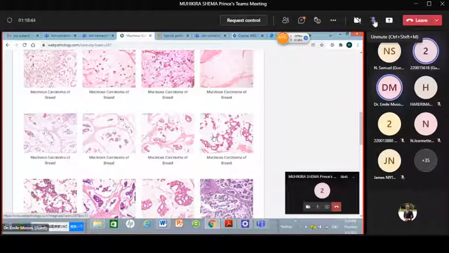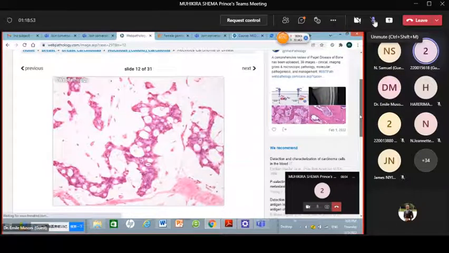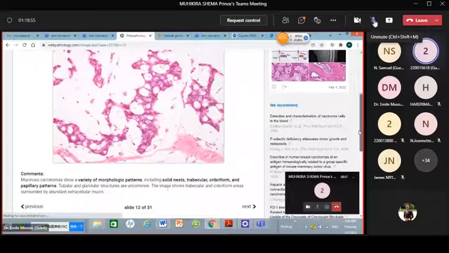This one, the mucin, these are malignant cells. But to be clear, I have to make it bigger. See the solid nest, trabecular, cribriform, in the papillary pattern. This whitish is mucin.